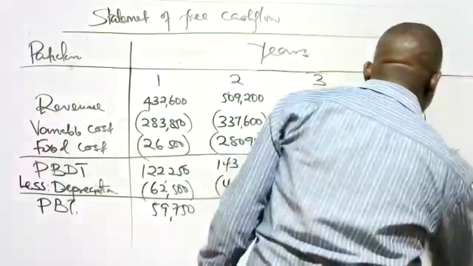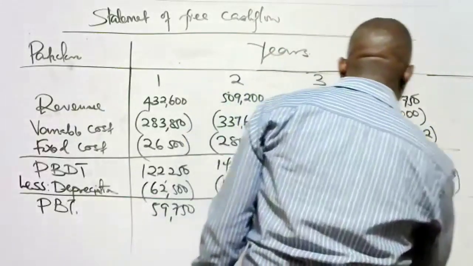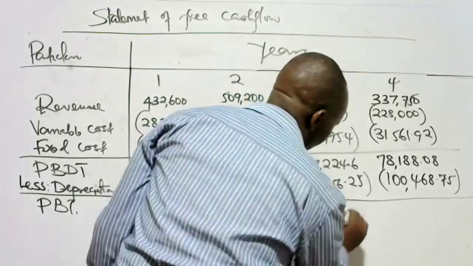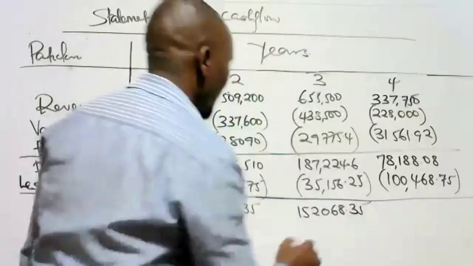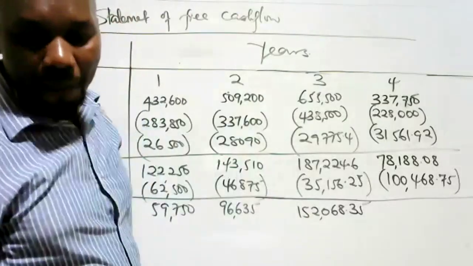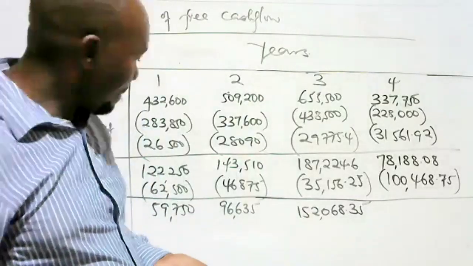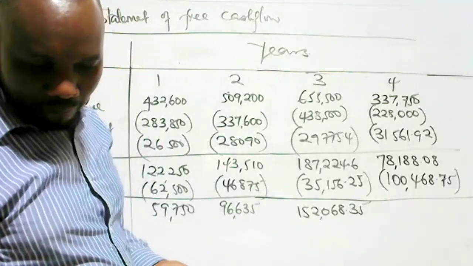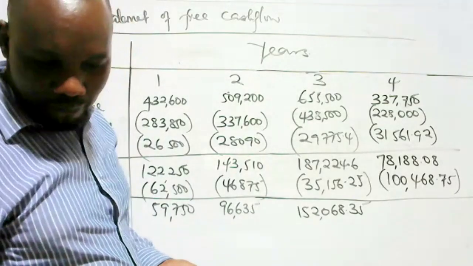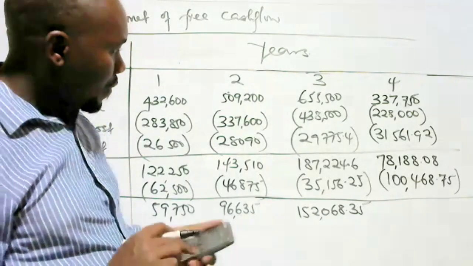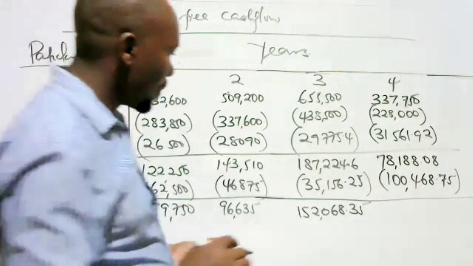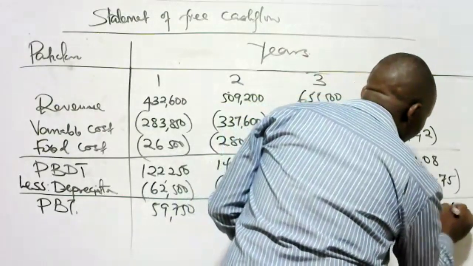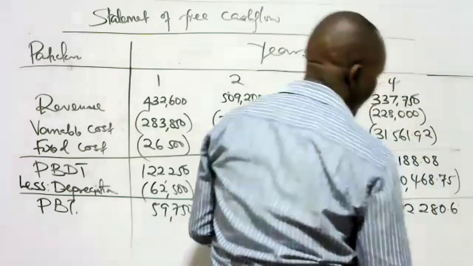Year 3, 152,068.35. Year 4, negative 22,280.67.